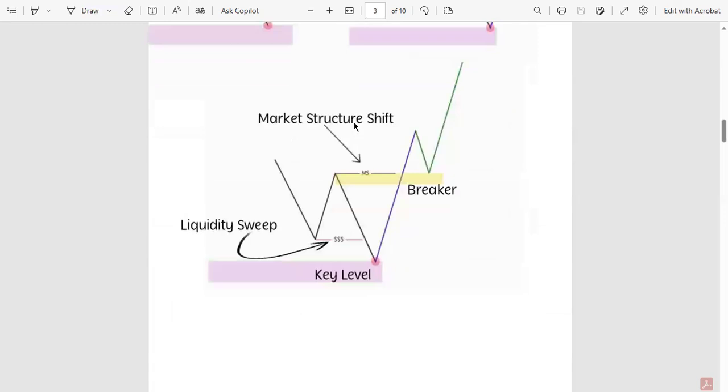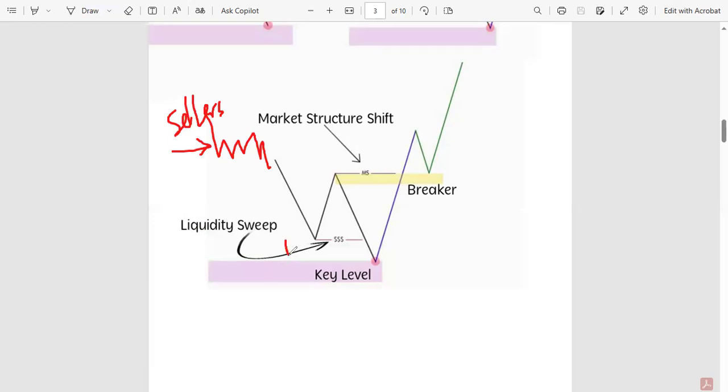So this is the bullish breaker block. This illustration indicates the bullish breaker block. If you look at this area, you can see price was dropping. We had some sellers entering the market and price was forming lower lows and lower highs.